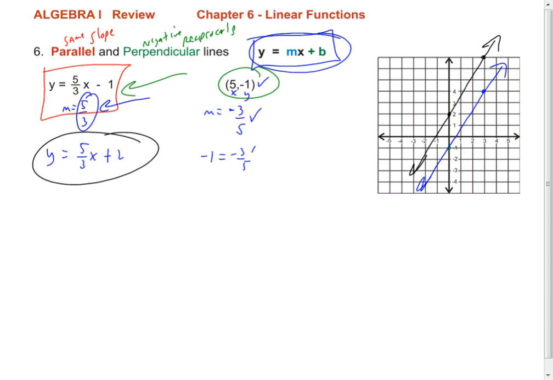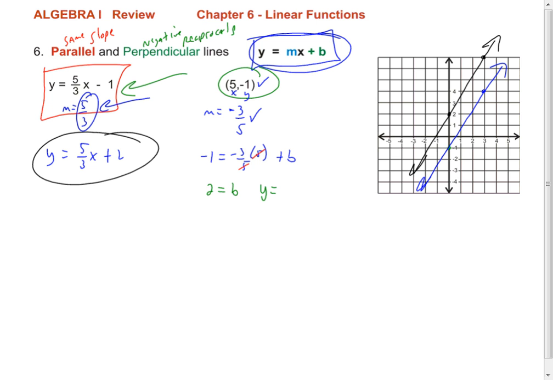Where the x is, I'm going to stick in 5, plus b. And this one's kind of nice because the 5's divide out. I have a -3 on the right. I'm going to add a +3 to both sides. And therefore, I end up with a 2 on the left. b equals 2.